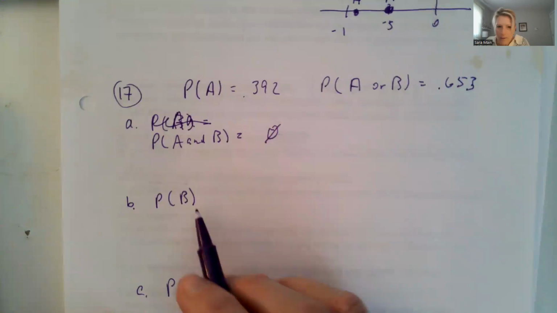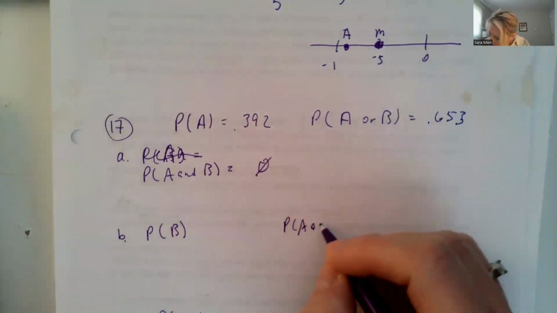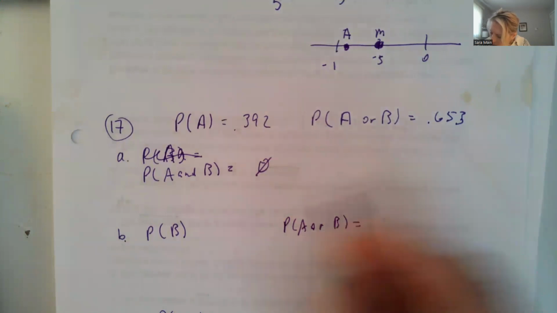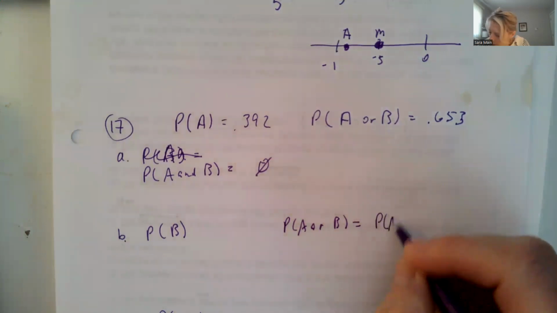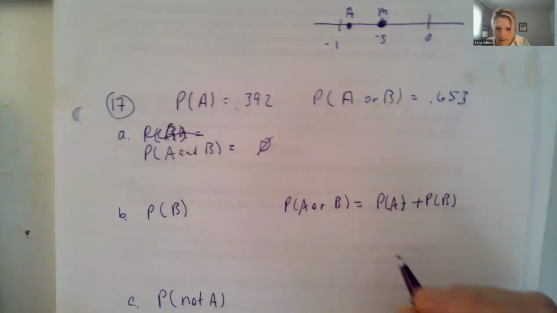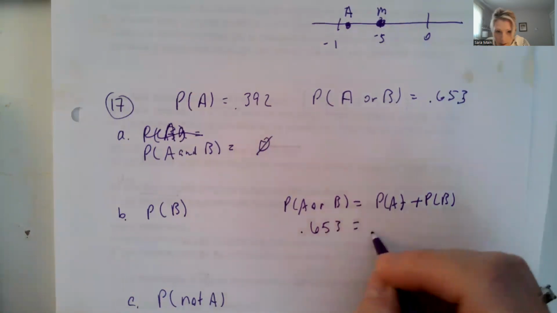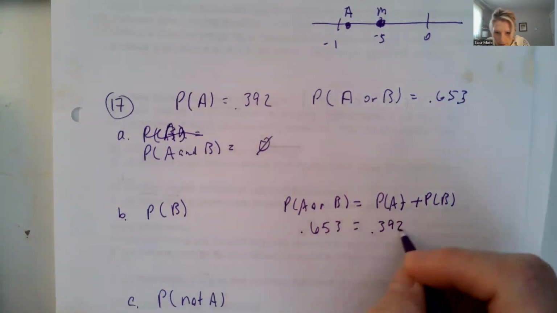So if I want to find the probability of B, I know the probability of A or B, because they're mutually exclusive, is just the probability of A plus the probability of B. And I know this value, and I know this value.